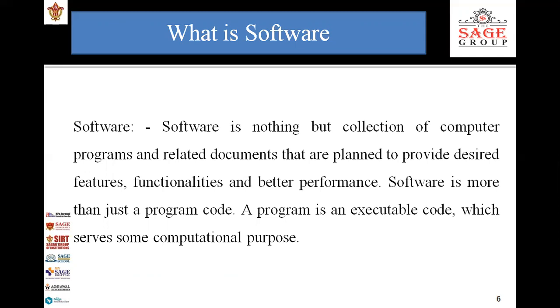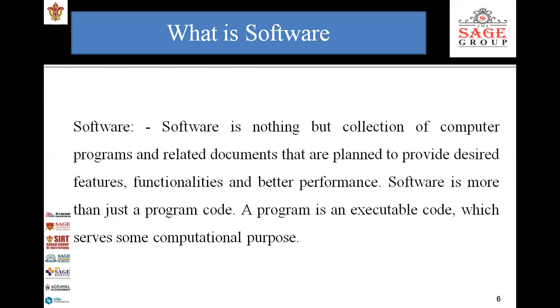Program is an executable code, for example, which serves some computational purpose. Software is considered to be a collection of executable programming code and associated libraries and documents. So we can say software, when made for a specific requirement, is called software products.